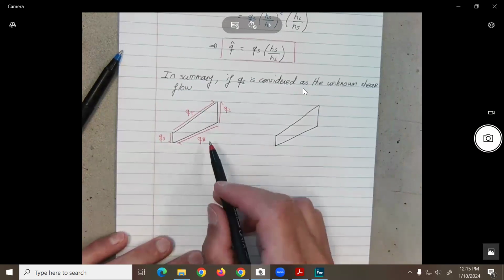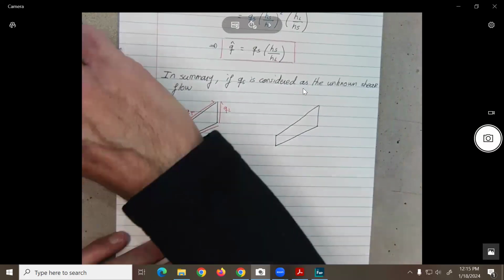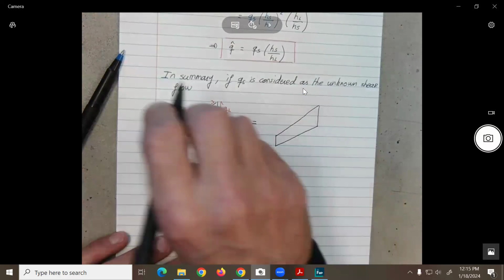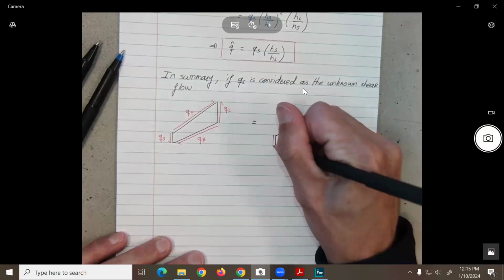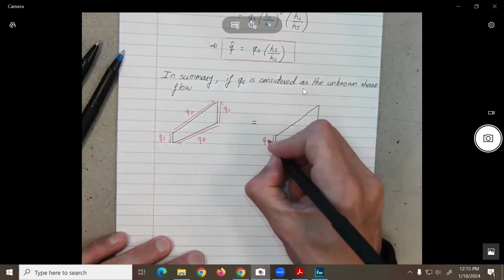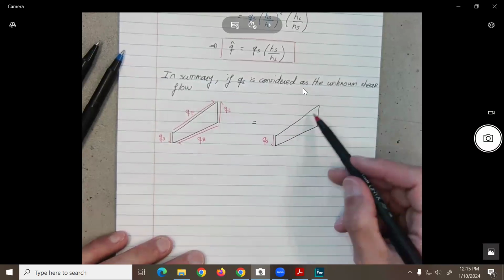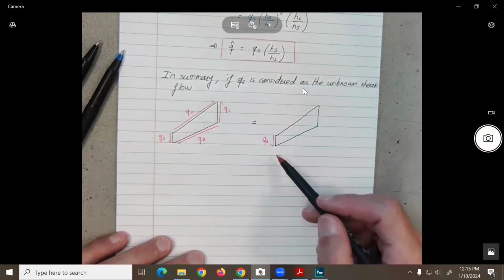Okay, so these are our original knowns, but basically, if we take Q sub S as our unknown, we should be able to rewrite all the other shear flows in function of Q sub S.